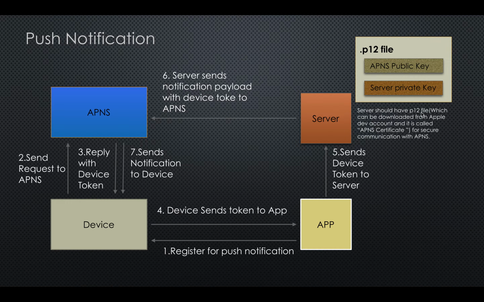Your server must have the P12 file to confirm the device token and send the push notification payload to the APNS server. And once the APNS server receives a payload, it sends the notification to the device. As simple as it is.